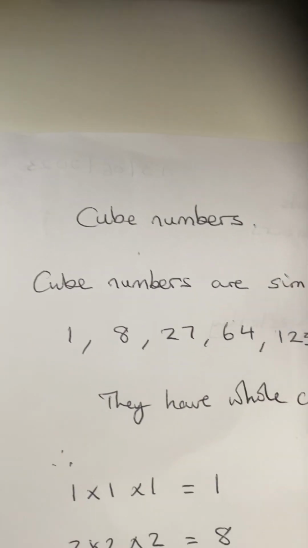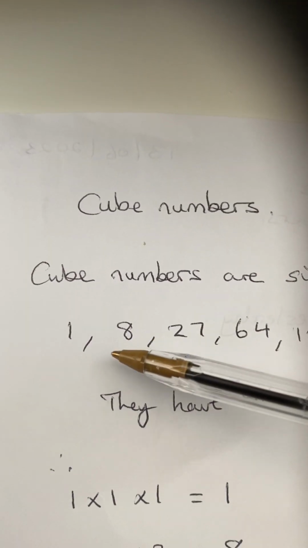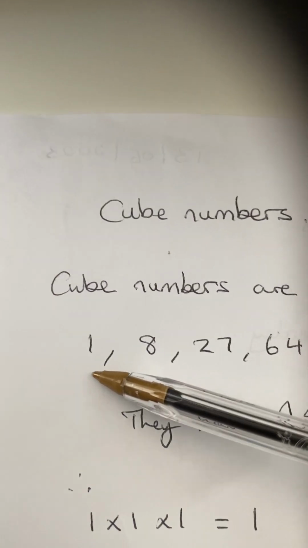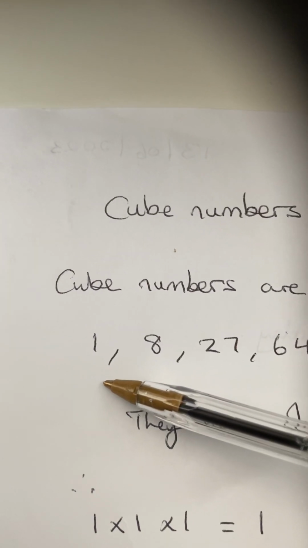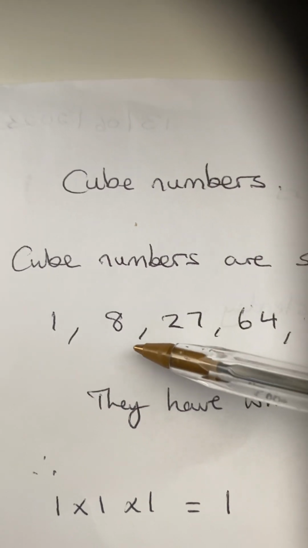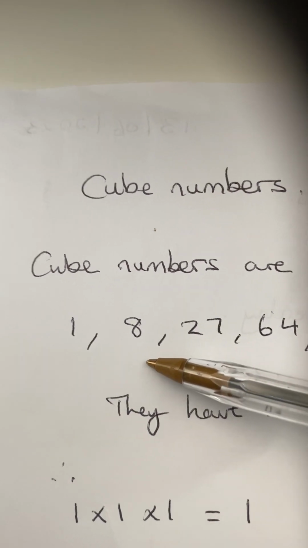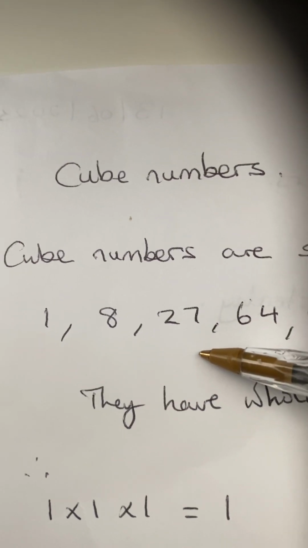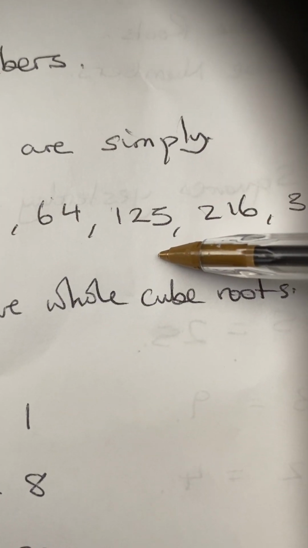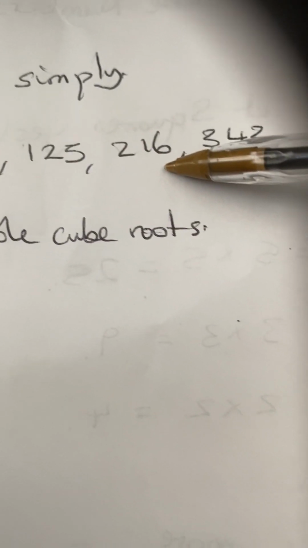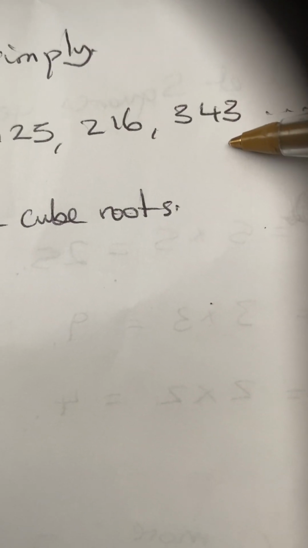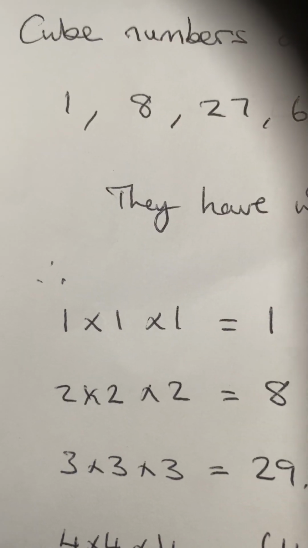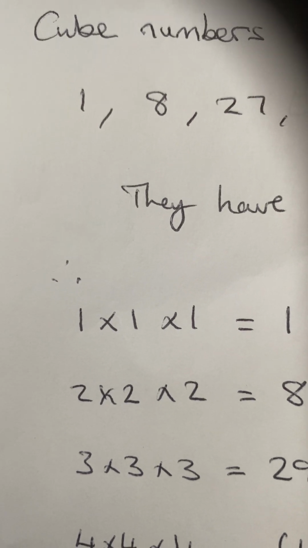Cube numbers are simply 1, which is 1 times 1 times 1, and it will give you 1. 8, which is 2 times 2 times 2, and it will give you 8. 27, 64, 125, 216, 343, and so on. They have whole cube roots.